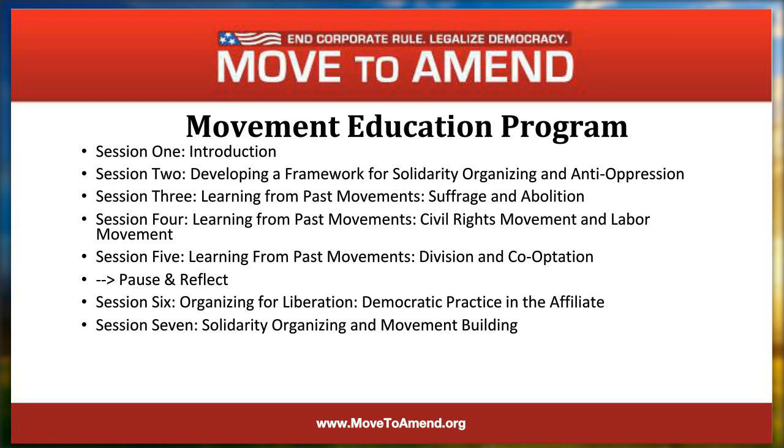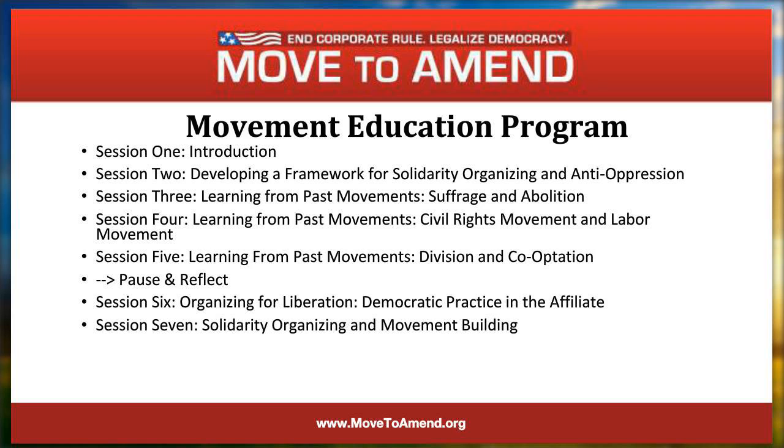Sessions 2 through 4 help build on this understanding, where you develop a framework for solidarity organizing and anti-oppression analysis. You learn about past people-led movements, from the women's suffrage movement, the abolitionist movement, to the civil rights movement and labor movement.